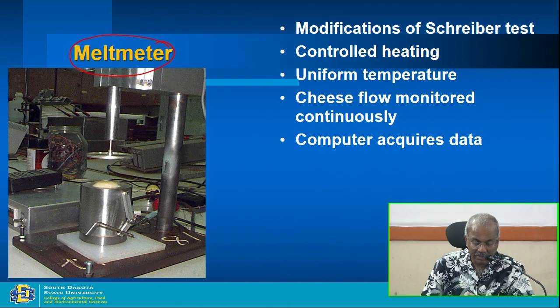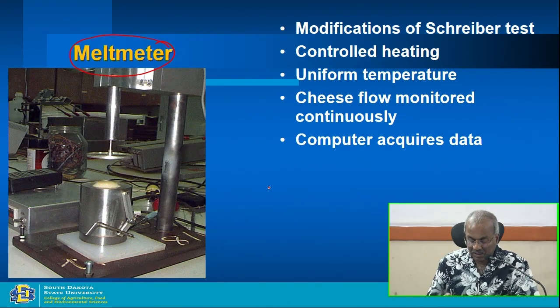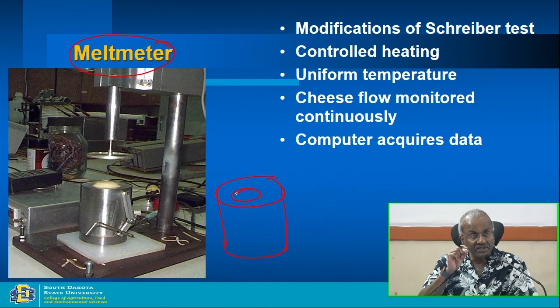If you look at this system here, what you have is just a metal disc, and there is a well in the middle. You take a piece of cheese and put it in this well, and then there's a lever. So you heat the cheese to the temperature.